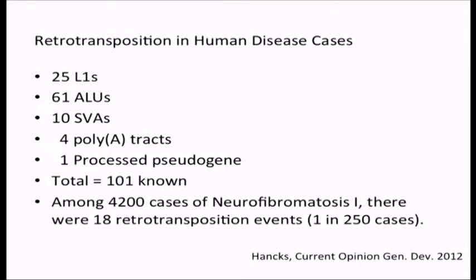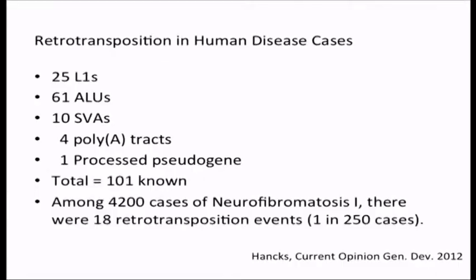So our best estimate on the frequency of these events causing mutation and potentially disease comes from 4,200 cases of neurofibromatosis 1, which is an autosomal dominant condition, meaning only one hit is required, and all 4,200 cases were analyzed molecularly.